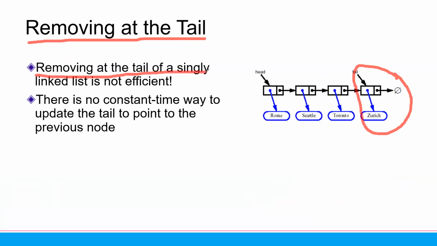Removing at the tail of a singly linked list is not efficient, because when we want to remove it, we need to start from the beginning to check every single link, and then we will remove, and then we will update the tail to the previous node. There is no constant way to update the tail to point to the previous node.